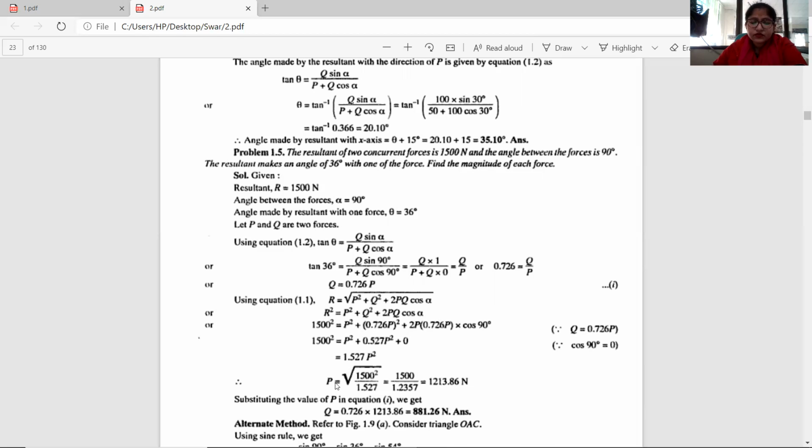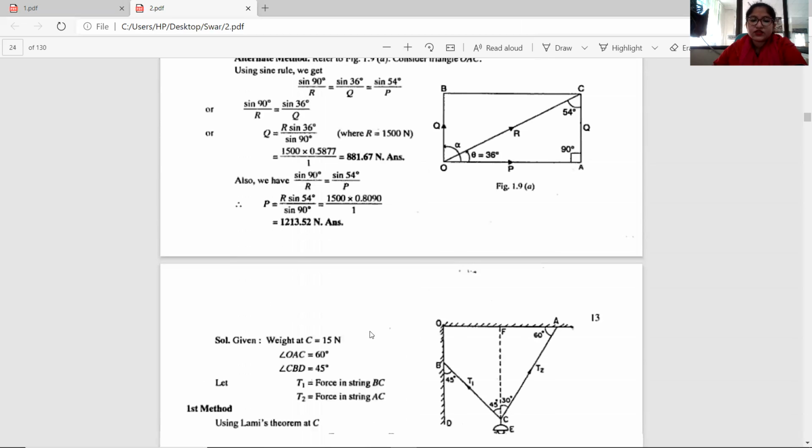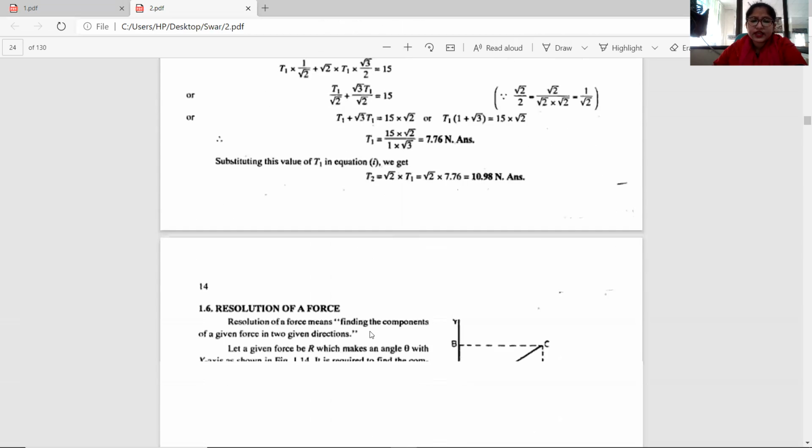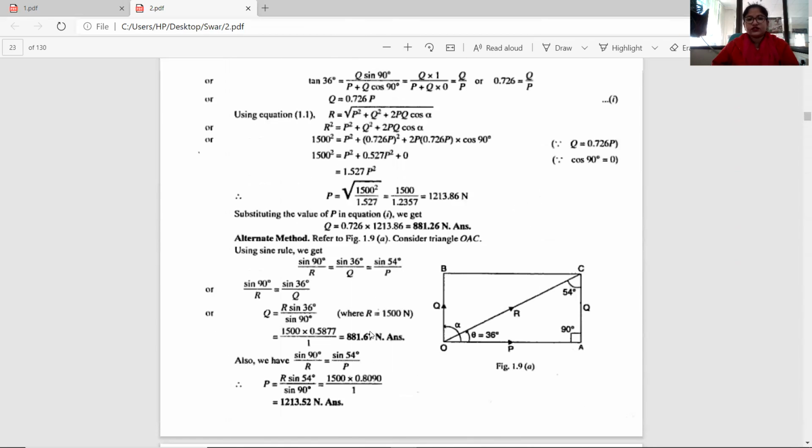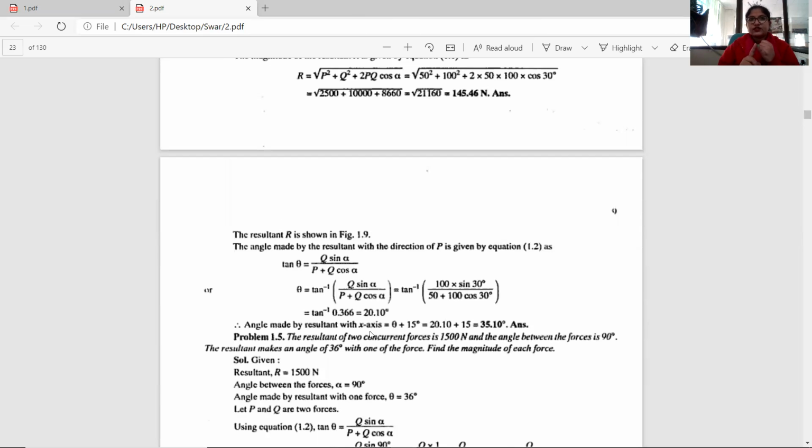Then my P value will be 1213.86 Newton. Substituting this value in the equation for Q, my Q will be 881.26 Newton. So this is the simplest way we can find the resultant's magnitude and direction, by these formulas.